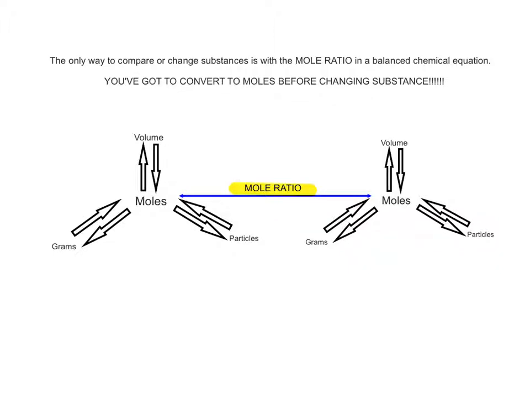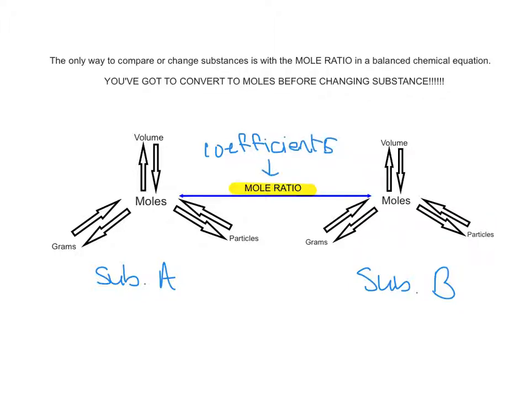Let's say we have one substance, maybe substance A, and we have a substance B. If we're going to convert from one to the other, the only thing we can do is go from moles to moles, and that's using your mole ratio. Remember, that's the coefficients of your balanced chemical equation. It's the only way you can convert from one to the other.